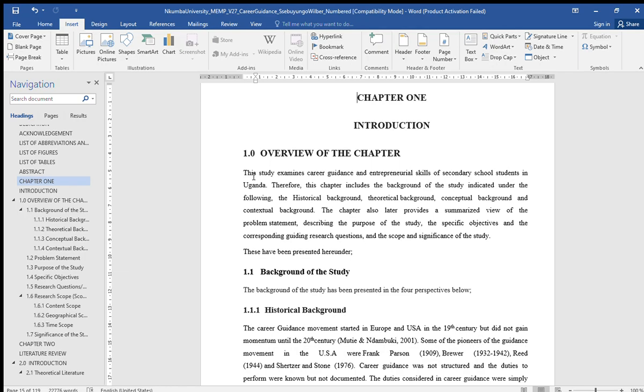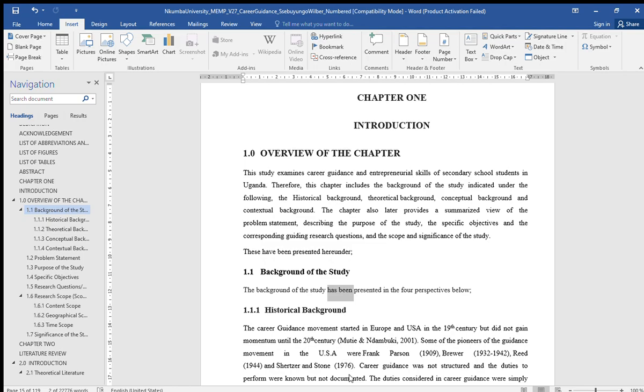Then you start the background of the study. It is important that below the background of the study, you include an introductory statement, such as, the background of the study will be presented in 4 perspectives, because this one is a proposal, so the tense here will be "will be presented".